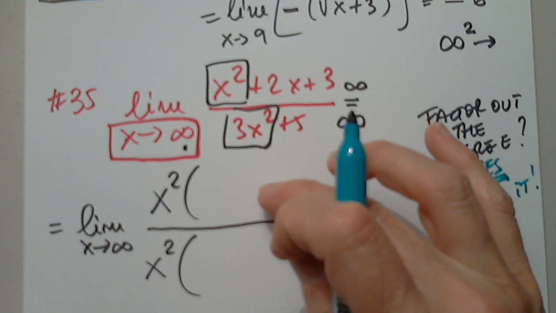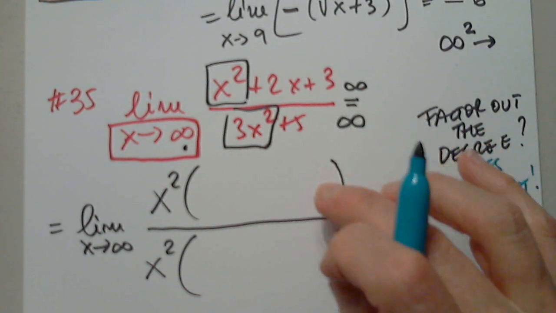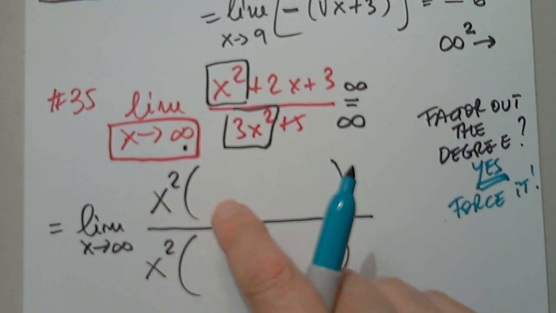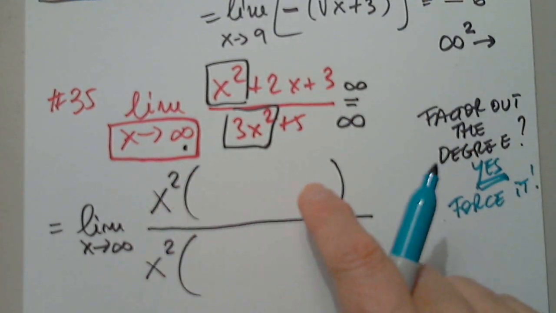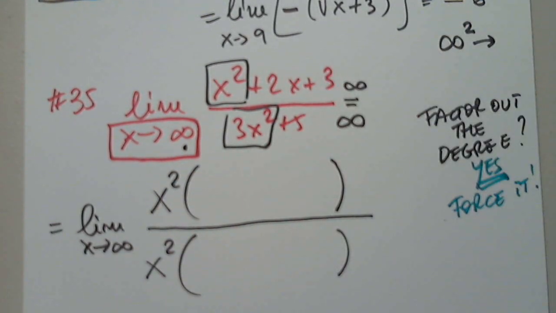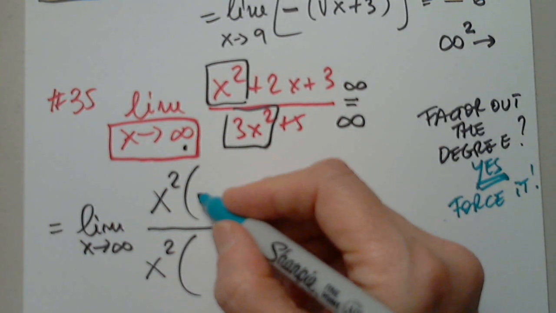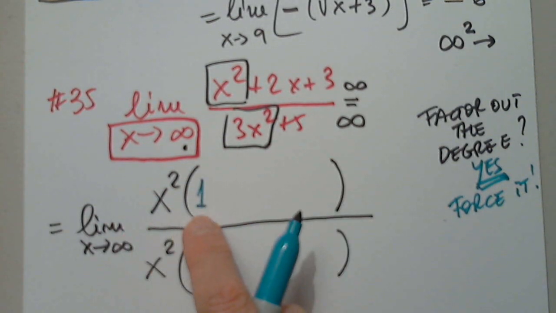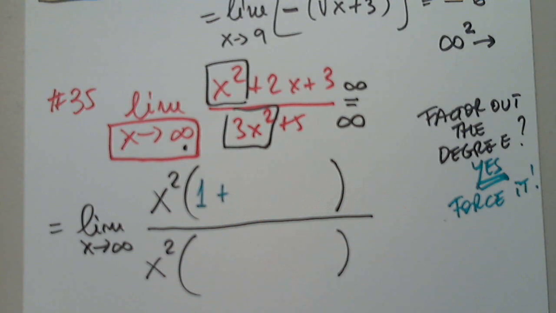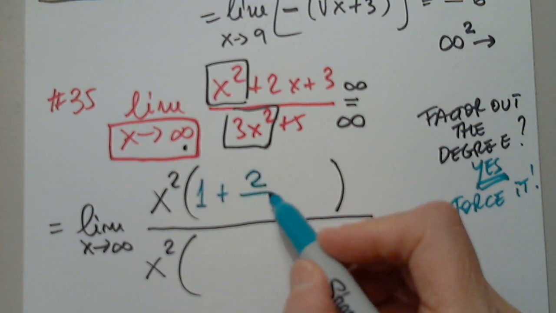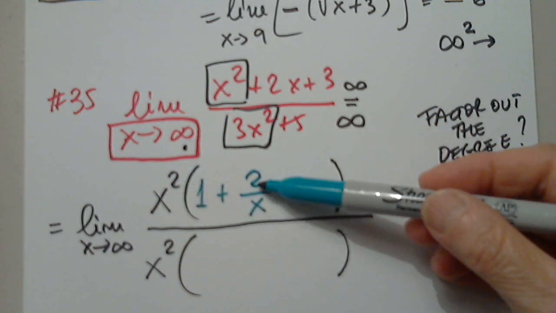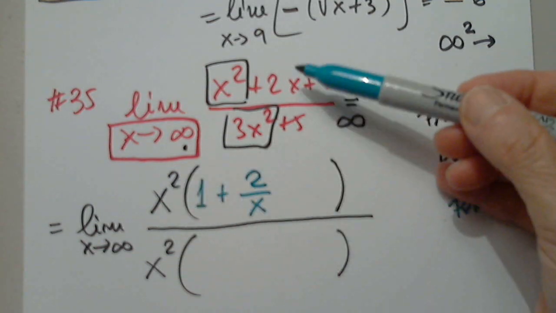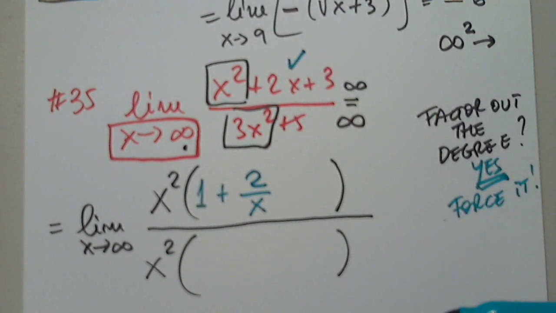Well, as long as I find 3 terms such that x squared times this is this, x squared times the second term is this, and x squared times this is that, I'm fine. So that for sure is 1, because x squared times 1 is x squared. Here I have a 2 over x. How come? Because x squared times 2 over x, I simplify an x and I get 2x back.